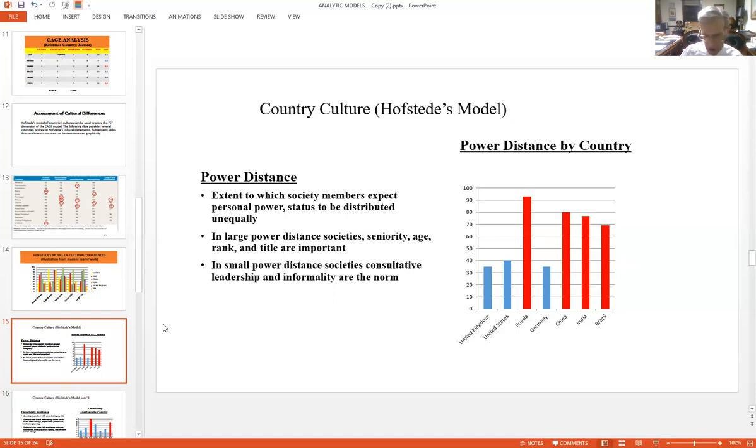Sometimes these kinds of analyses are either necessary or helpful. It's pretty obvious that power distance is very high in Russia, and the three other red bars, and it's very low in the United States and the other two blue bars in this exhibit.